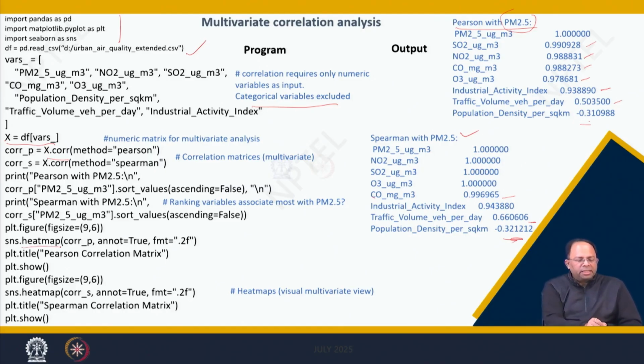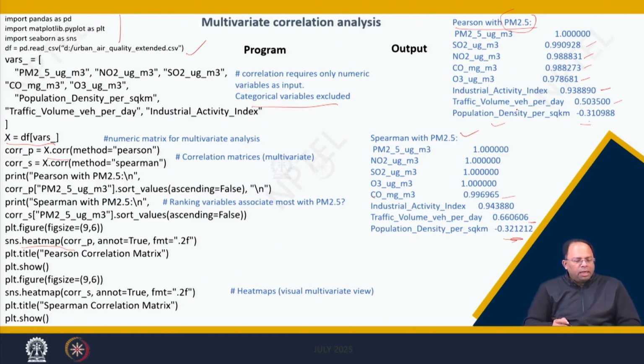As you can see over here, sns.heatmap. What it does is it takes corr_p, that list of coefficients, and then shows it in a heat map, because everything is related with everything.